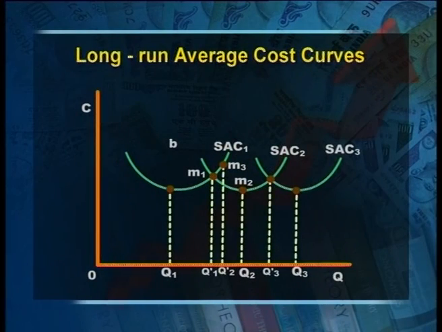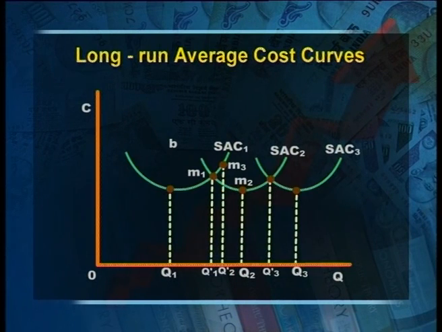Look at the graph. The graph is showing the possible combinations of plant sizes that the firm can employ over a period of time. In the graph, it's clear that we have 3 plants that the firm can employ.